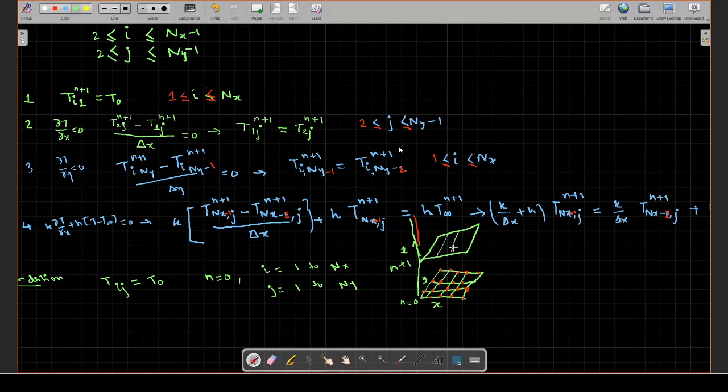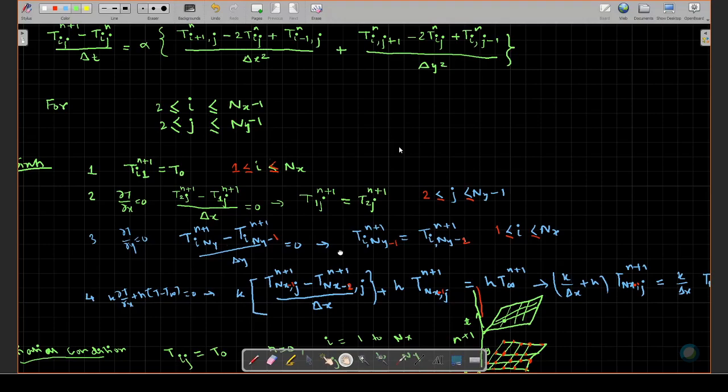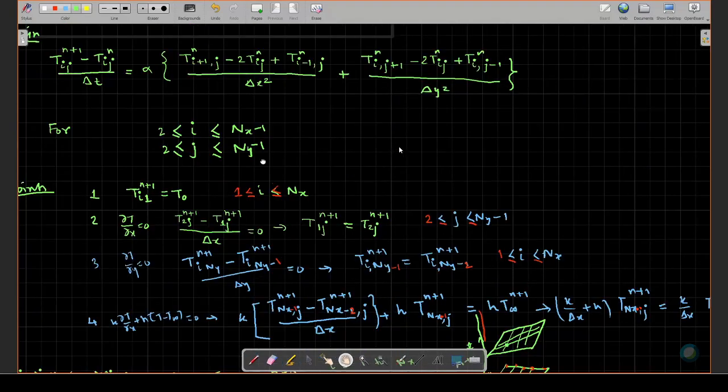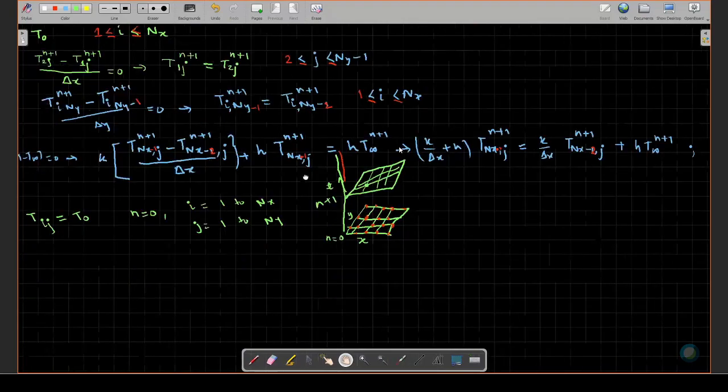Now to calculate this interior point T_ij at n plus 1, we are taking the nth level values. Initially, these nth level values will be the initial conditions for n plus 1.